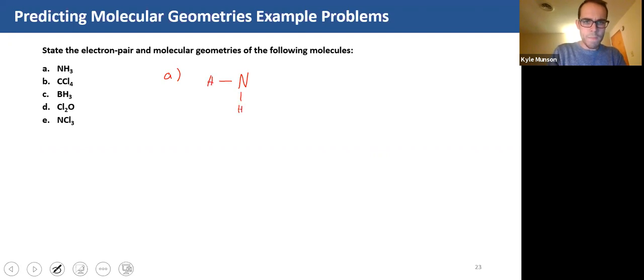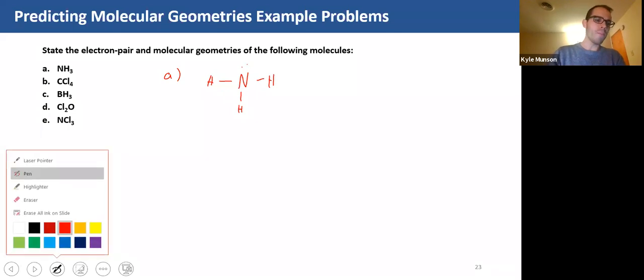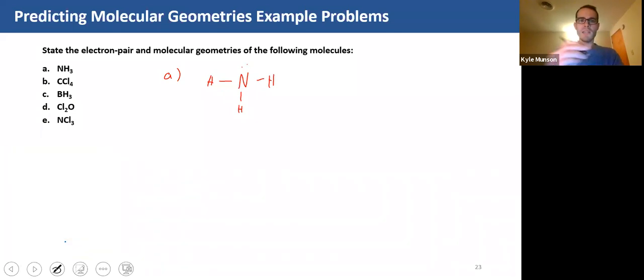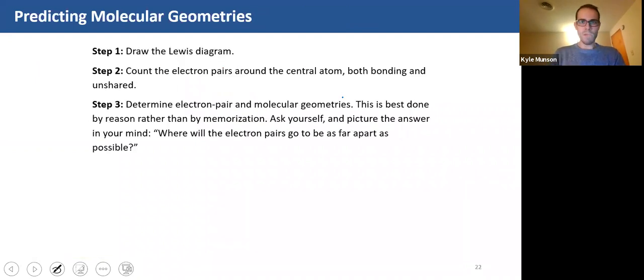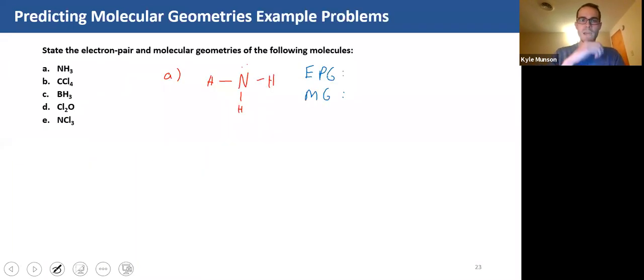Here's number 1. So what is its electron pair geometry and molecular geometry? Well, remember what we're going to do here. We're going to count all the electron pairs around the central atom, bonding and non-bonding.